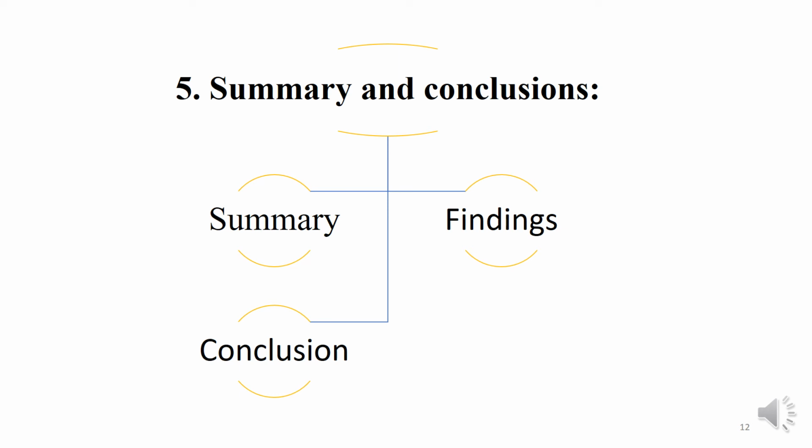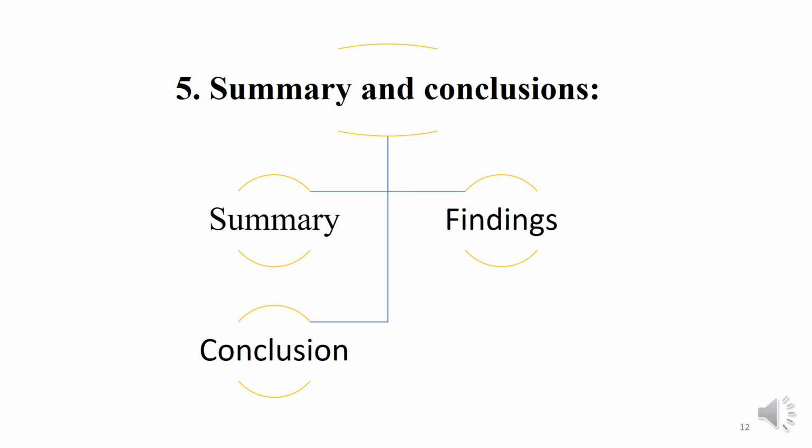And finally, we have summary and conclusions. This part includes the summary of the whole research, the findings, and also the conclusion. After a brief statement of the problem and description of the procedures used in the investigation, findings and conclusions are presented.